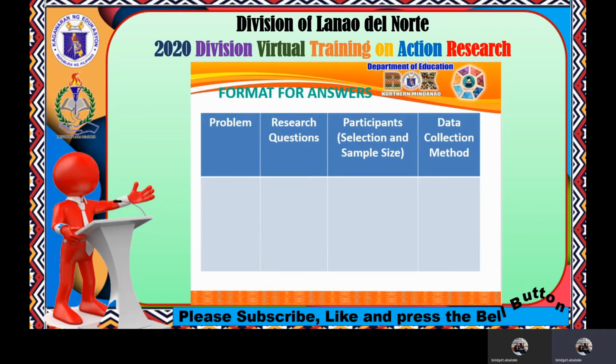In the third column, the participants, where you select the sample size of your participants. And in the fourth column, the data collection method, whether it is an interview, a document scanning, or open-ended questions. Thank you for your participation.